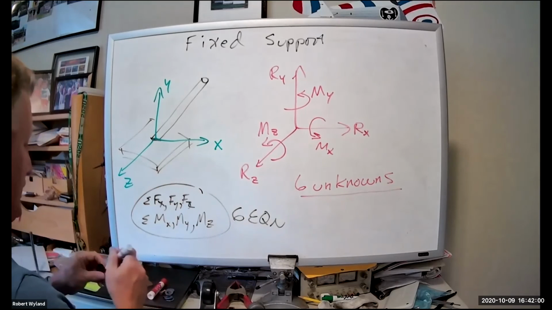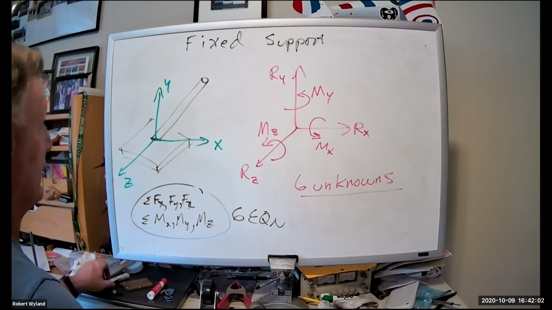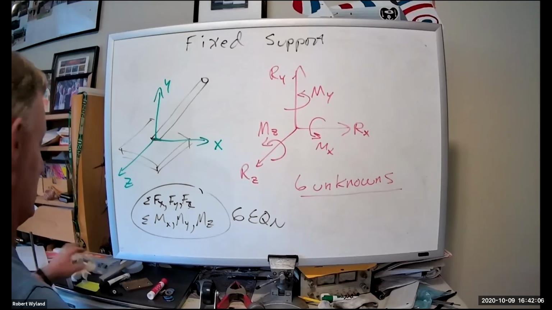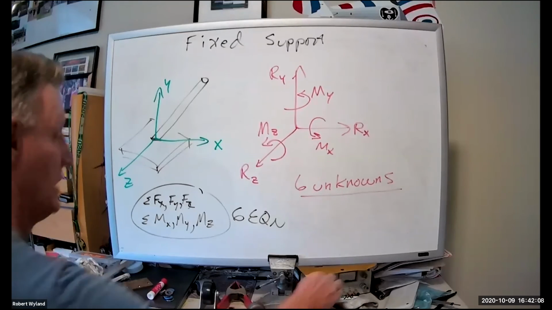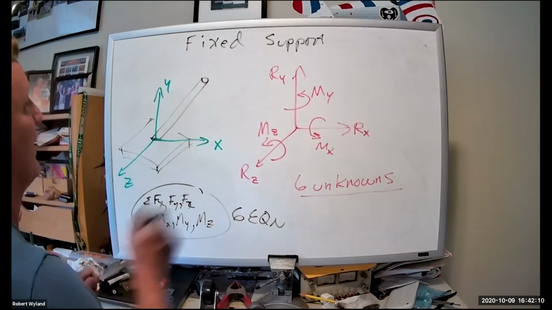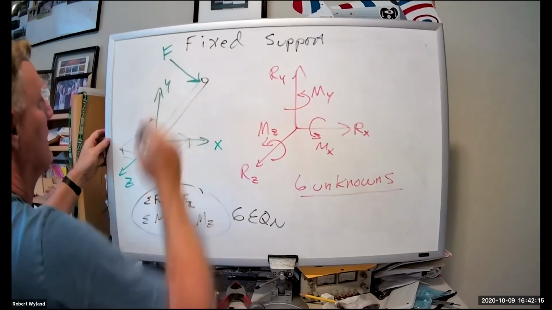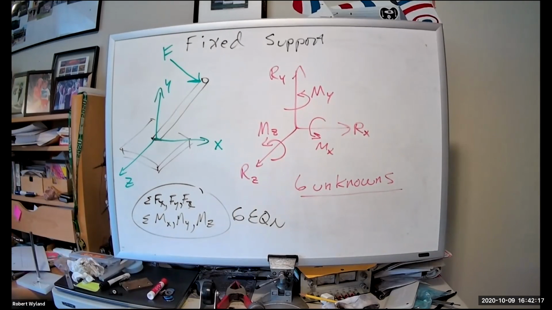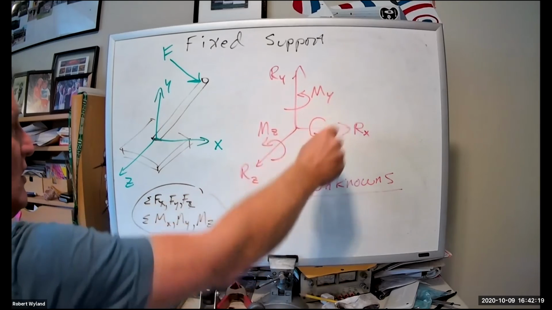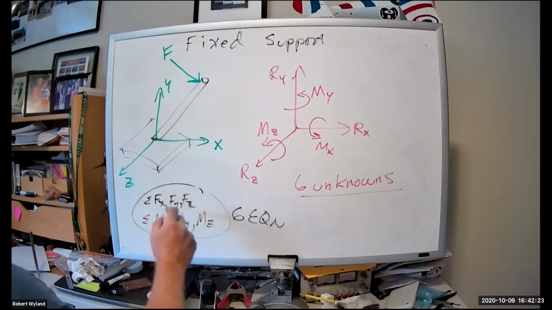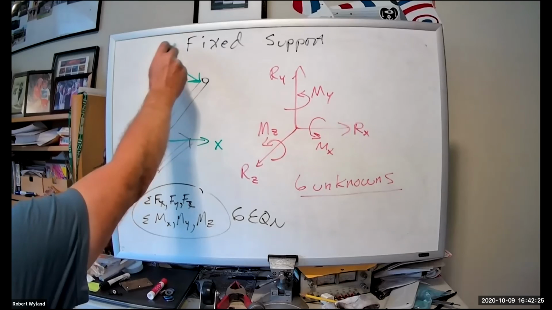So if you have a fixed support and there are any other supports involved, you're not going to be able to solve the problem. If I applied a force at the end, you should be able to solve all 6 of these with these 6 equations and that one force.